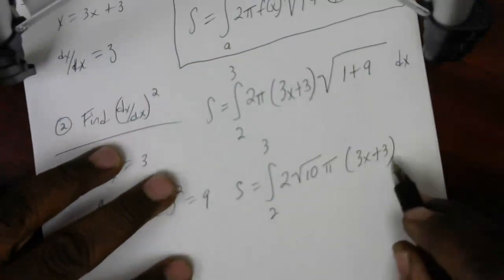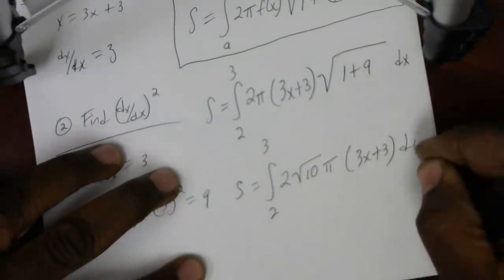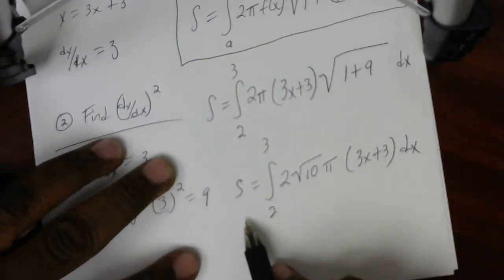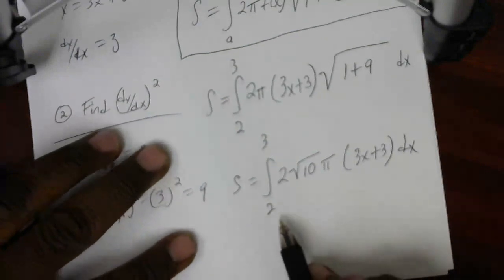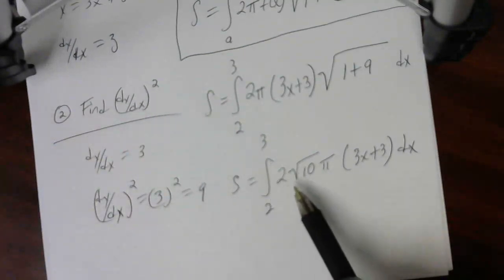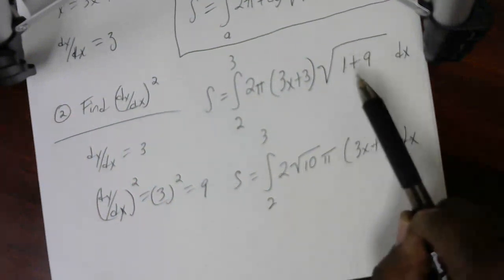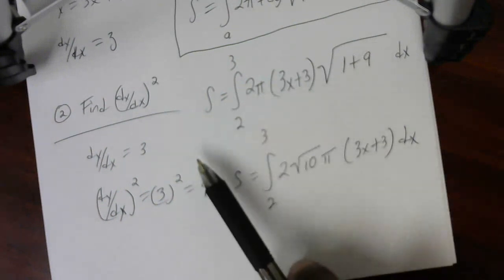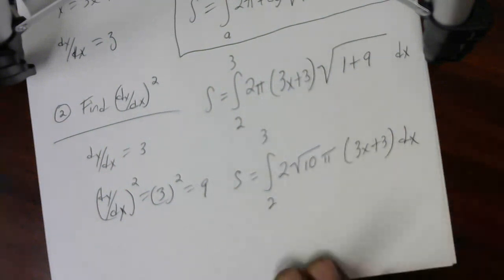So notice I'm keeping that function in a set of parentheses times 3x plus 3 dx. Okay, so this is what we will put directly into our calculator. Right, so again, that's the integral from 2 to 3 for 2 times the square root of 10, I simply added 1 plus 9, times pi times 3x plus 3.